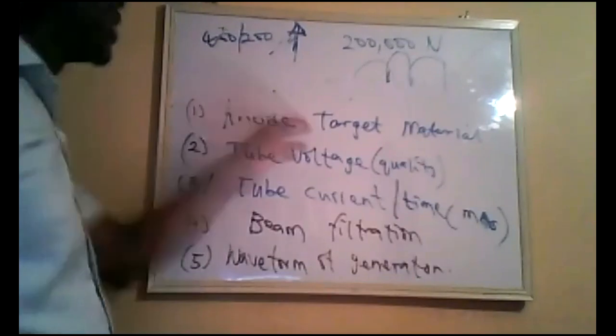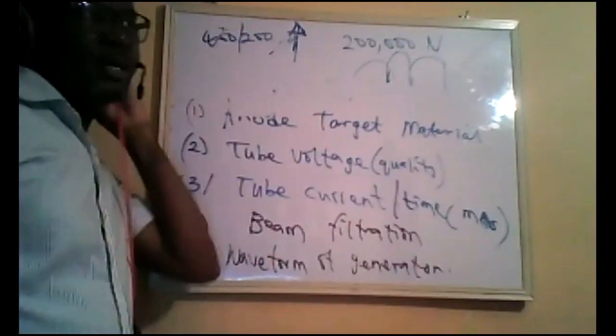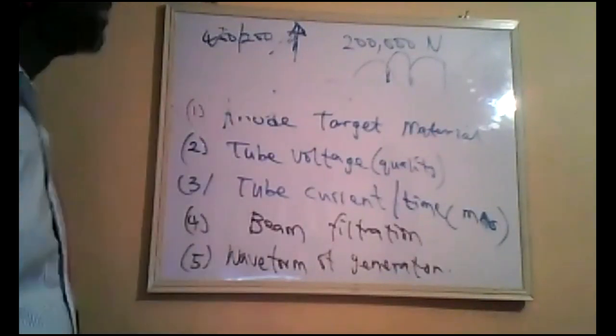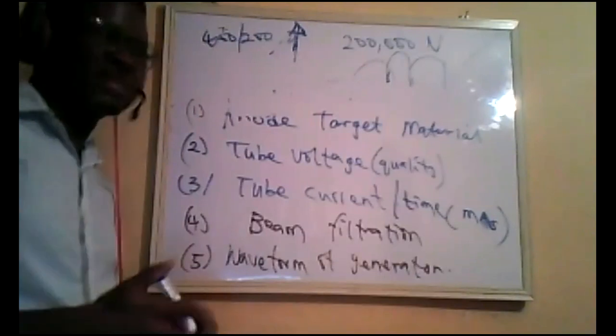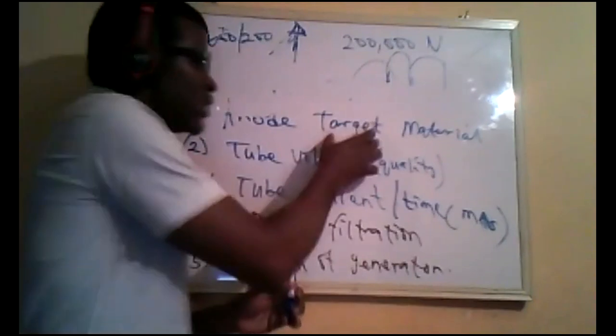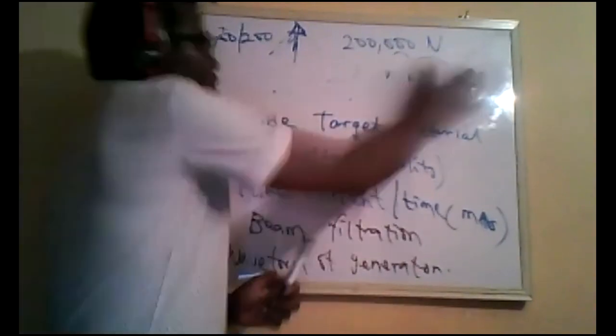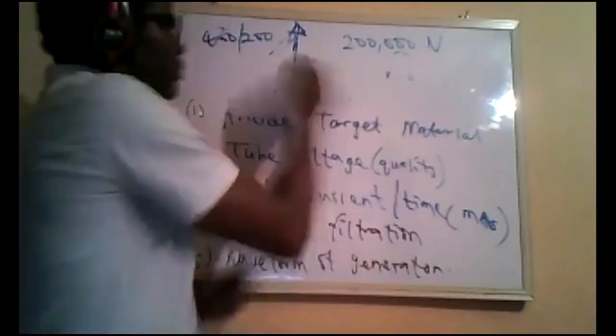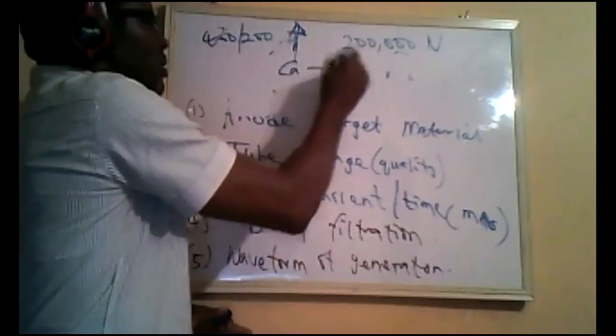Okay. The anode target material affects the production of X-ray, in the sense that if you use a target material that has a low Z, for example calcium, calcium is element 20.